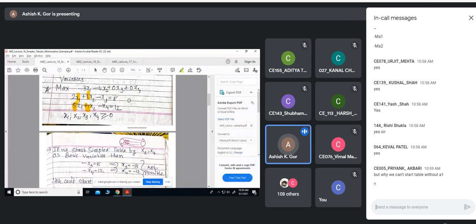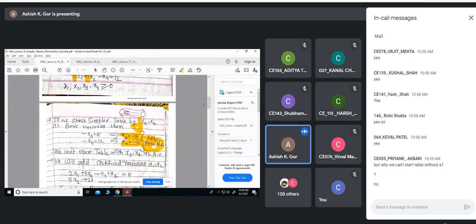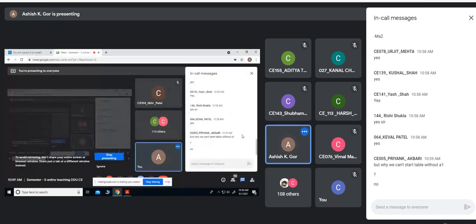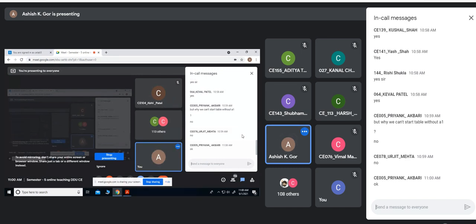So what will happen is minus x3 is 8, so x3 will become minus 8, x4 is minus 12. Is this desirable, Priyank? No. So that is the reason why we cannot start with x3, x4. Are you getting it, Priyank? Yes, and that's why there is a need of adding artificial variables.